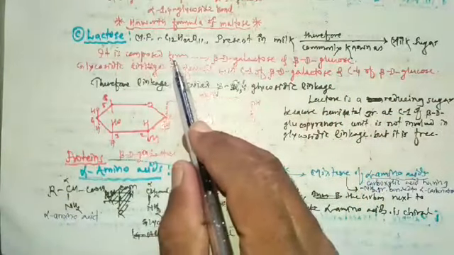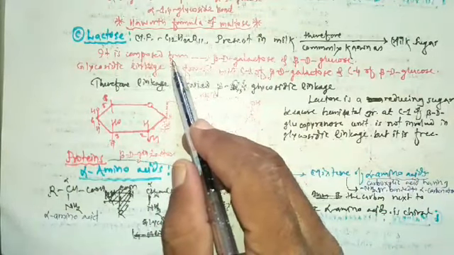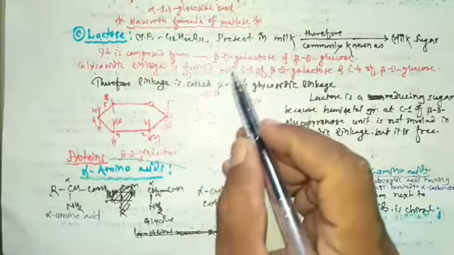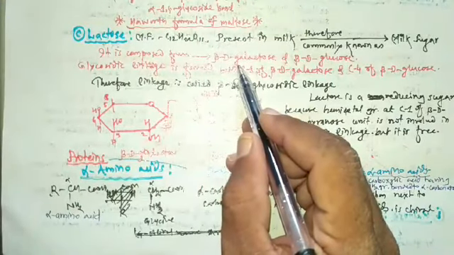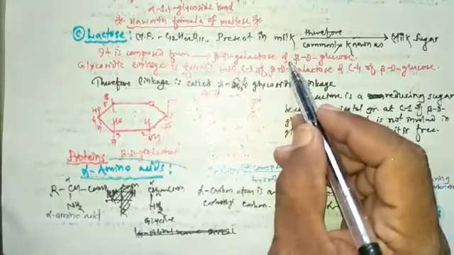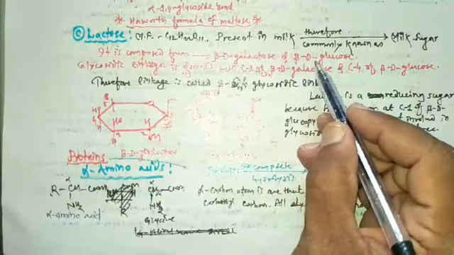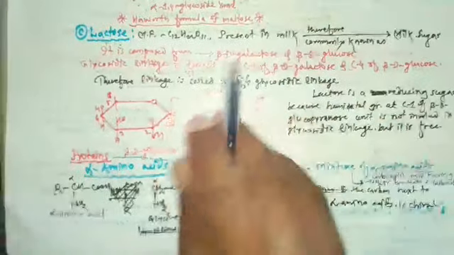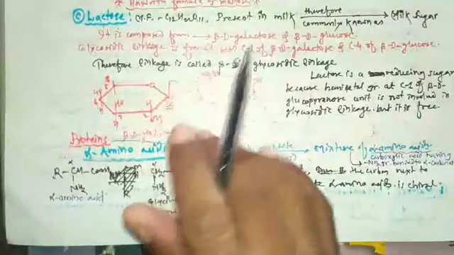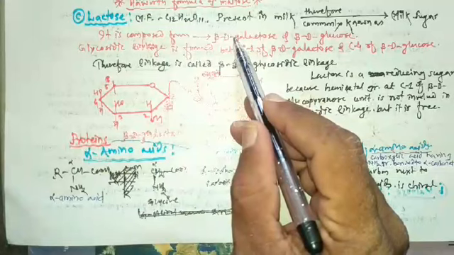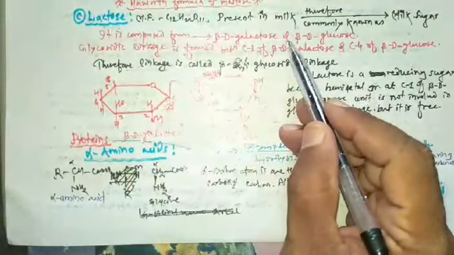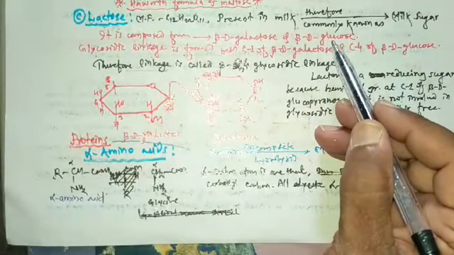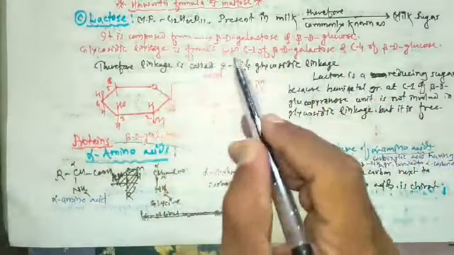It is composed of two monosaccharides. The first one is beta-D-galactose, and the second is beta-D-glucose. So the glycosidic linkage is formed between them.